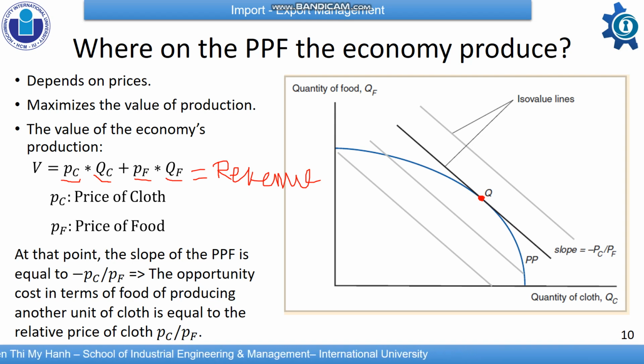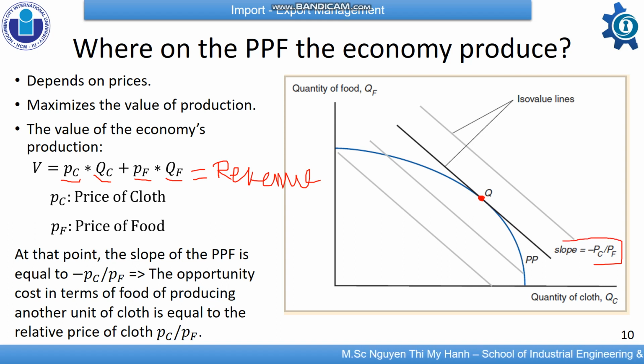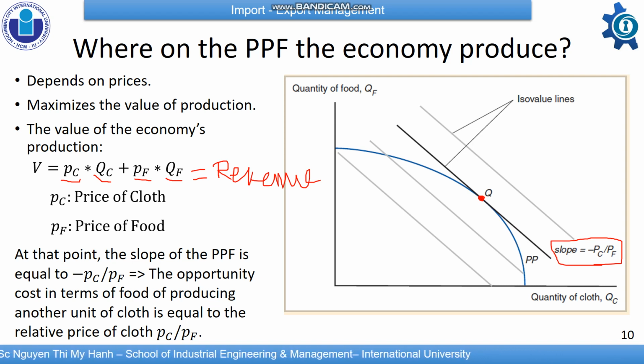At that point the slope of the PPF is equal to the negative relative price of cloth to food. So the opportunity cost of cloth will equal the relative price of cloth to food.